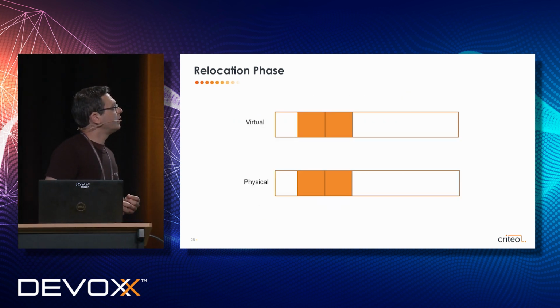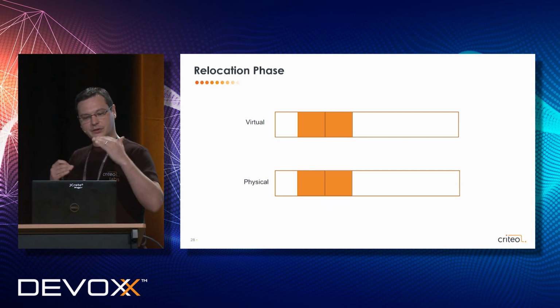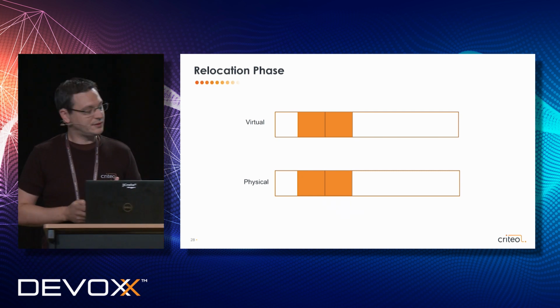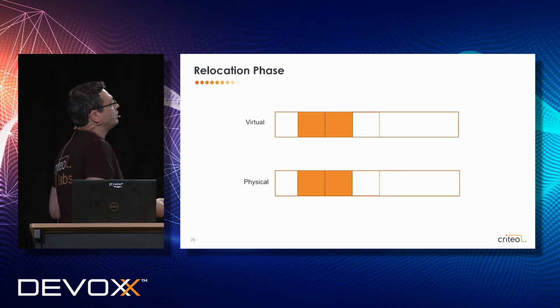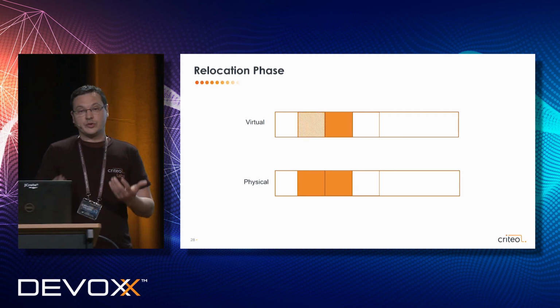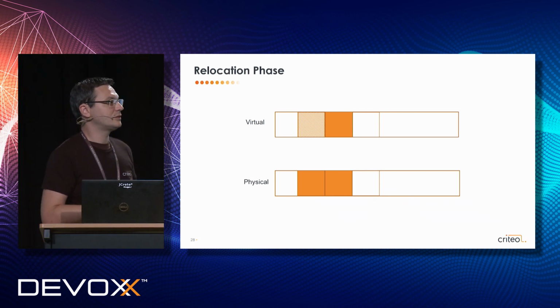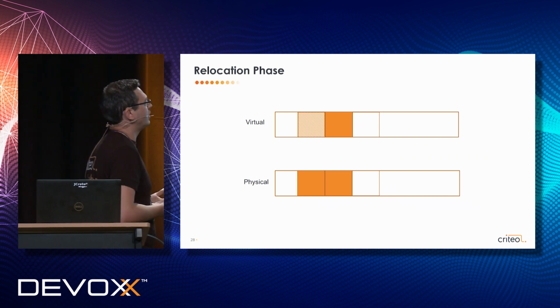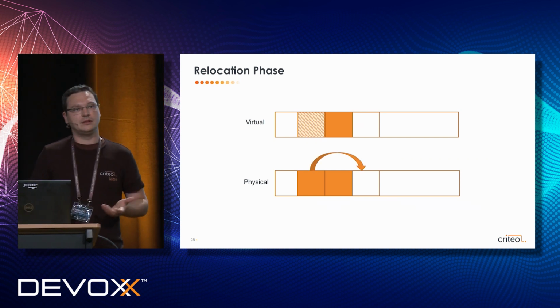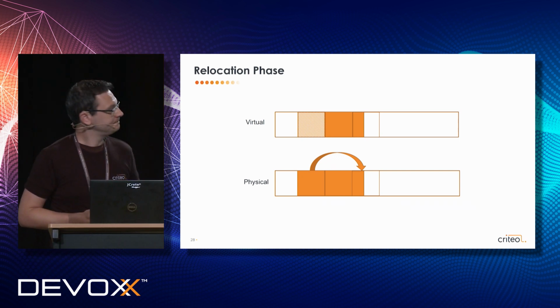So, with a schema, I have the difference between virtual and physical. We will see that it's important. So we allocate a new page in physical and virtual. We protect the page that we want to evacuate, so no more access without triggering a handler. We copy the objects to the new location physically.